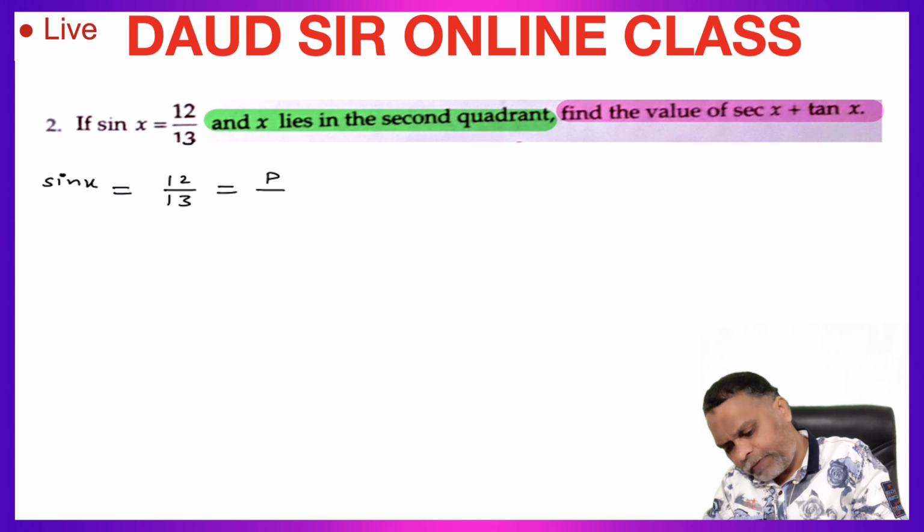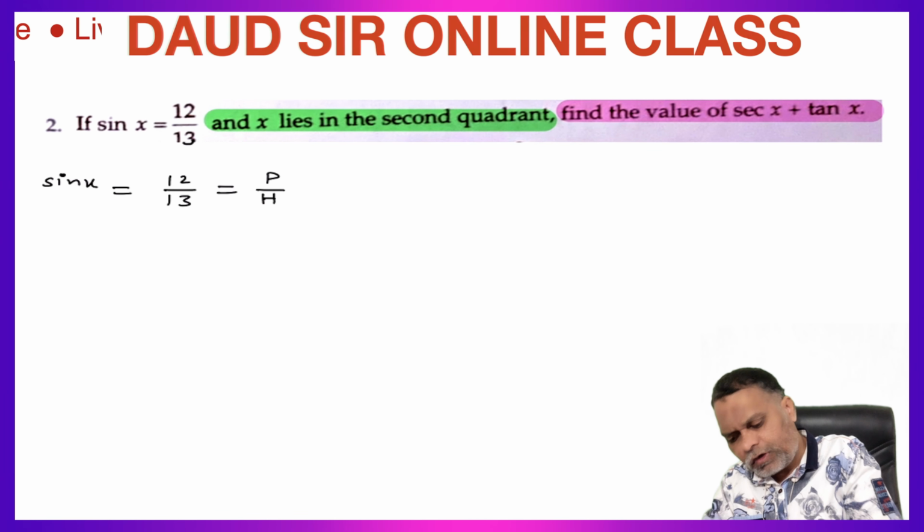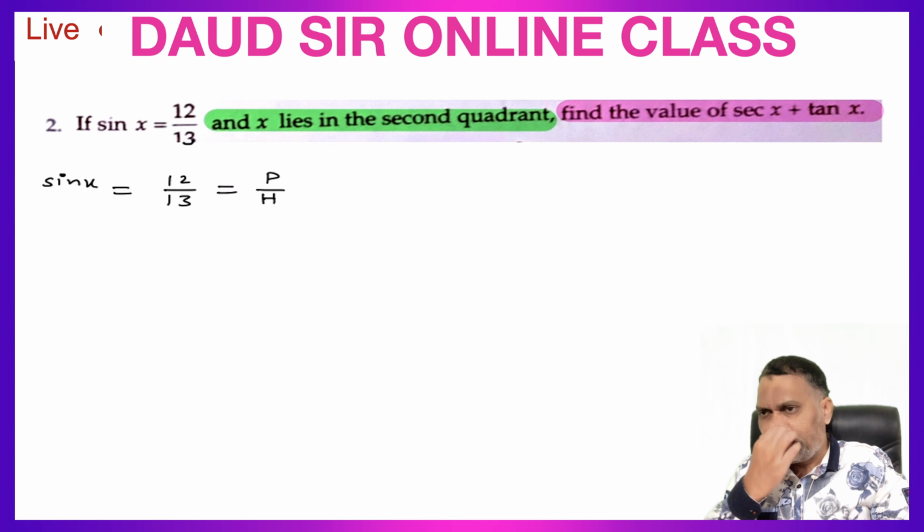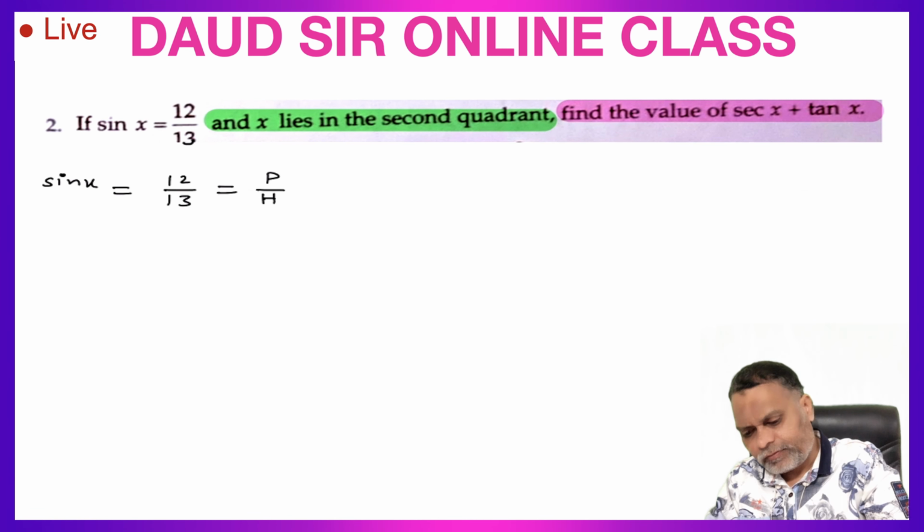Sin x is perpendicular upon hypo. So first calculate the third side of triangle. So make one right angle triangle.